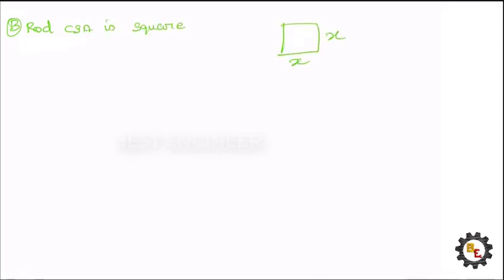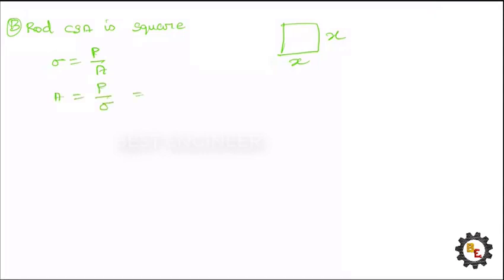Condition B, rod cross section is square. This is a square, sides x and x, so stress equals load by area. Now area equals load by stress.